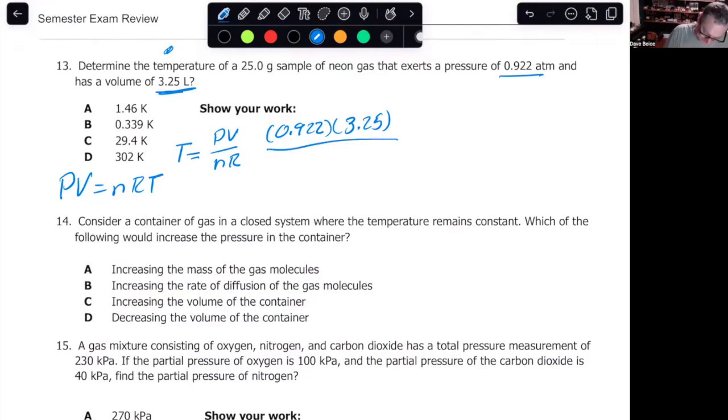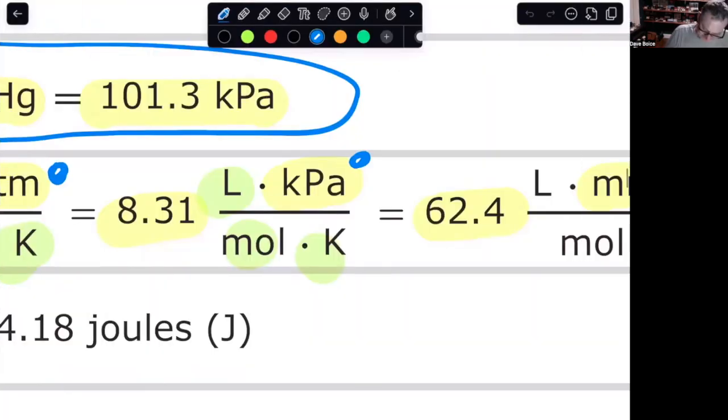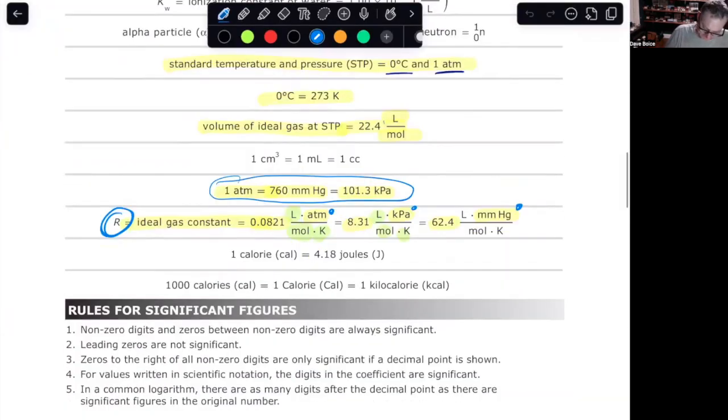I can't use n as is, but I can do 25 grams of neon. And grams of neon can be converted to moles of neon quite easily. Let's take a look at this periodic table and formula sheet.